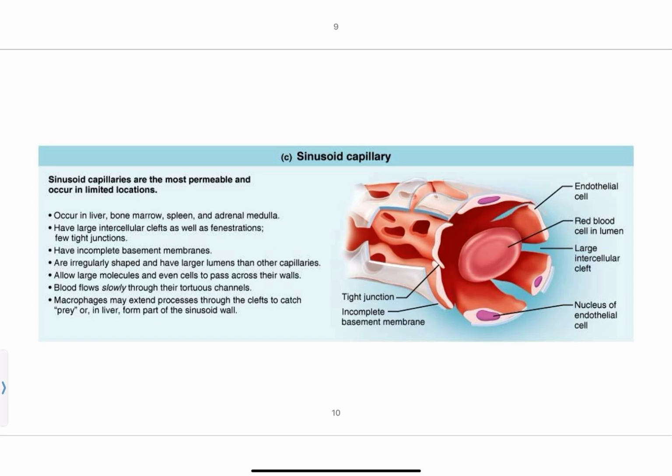The final type is our sinusoidal capillaries, or sinusoids, and these have the most permeable walls, not only with fenestrations, but also with really large clefts, and even discontinuous basement membranes. These are found in specialized organs like the liver, the spleen, and bone marrow, where large molecules, even cells like leukocytes and platelets, can move freely between the blood and the tissues.